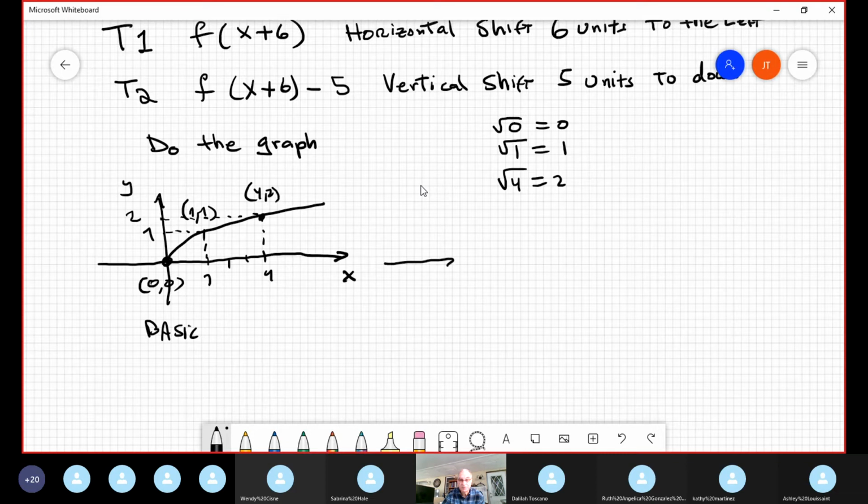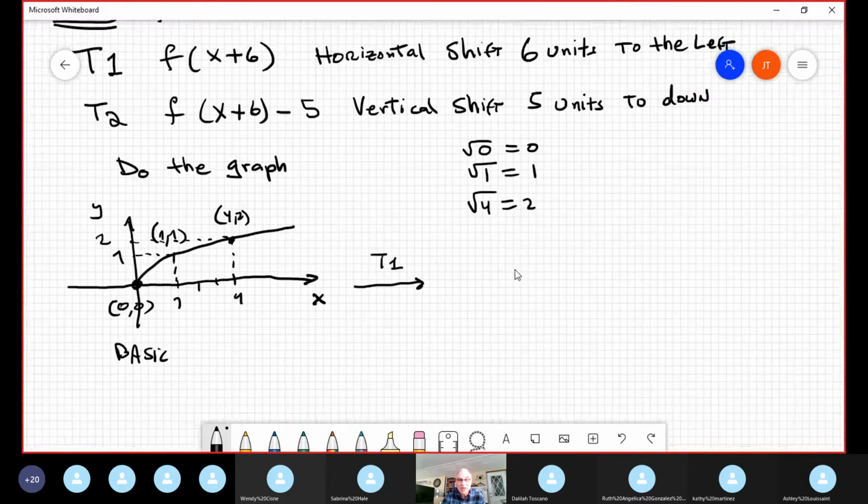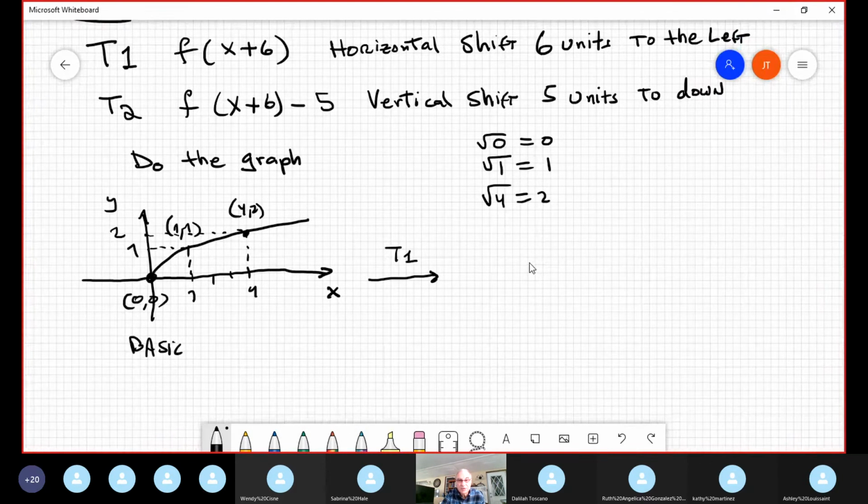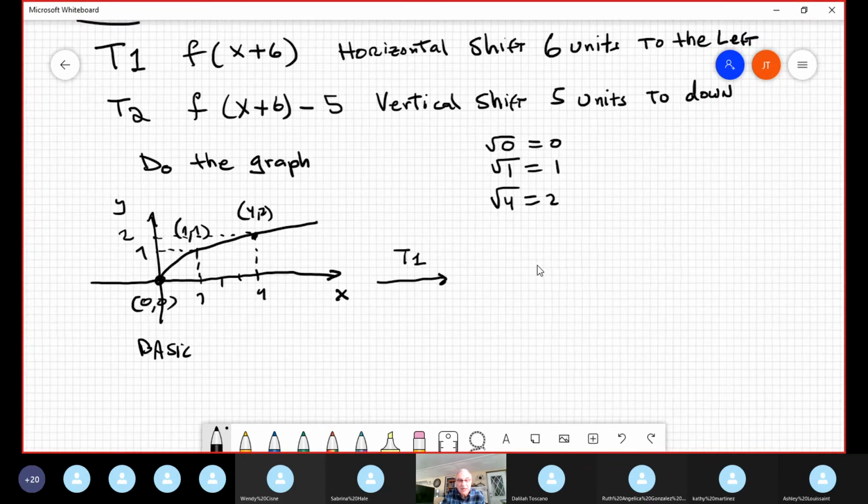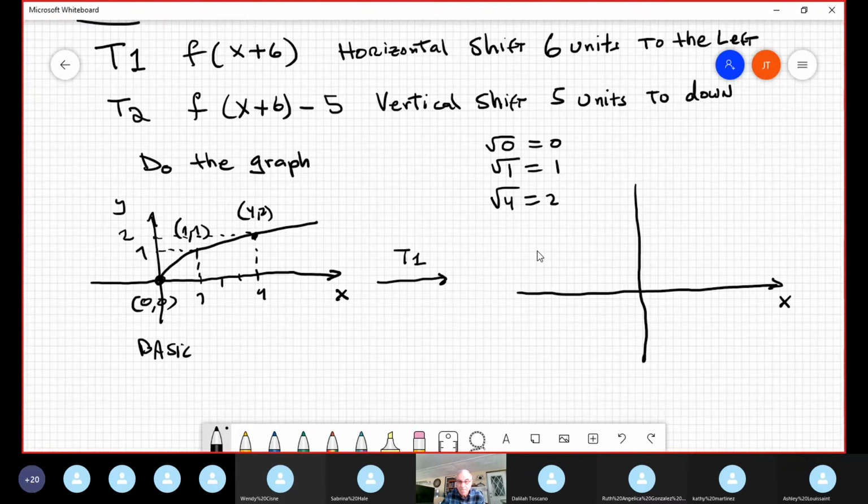When you perform transformation number 1, a horizontal shift 6 units to the left, any x component is decreasing by 6. Okay. Let me show you in detail. Okay, this is my rectangular coordinate system now.